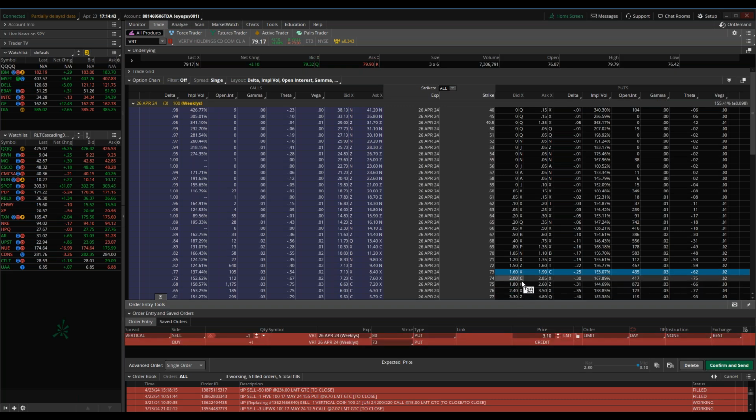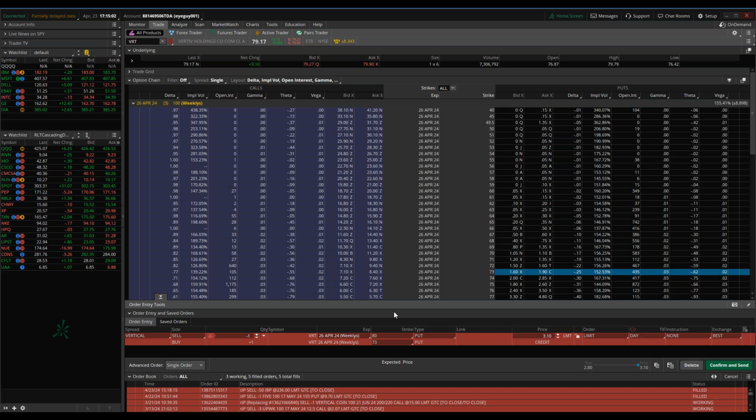But the problem is gamma. Gamma is going to kill you on this trade. If the underlying stock just moves a little bit against you, this trade is going to explode in your face.